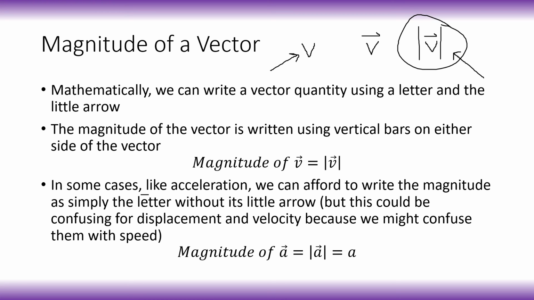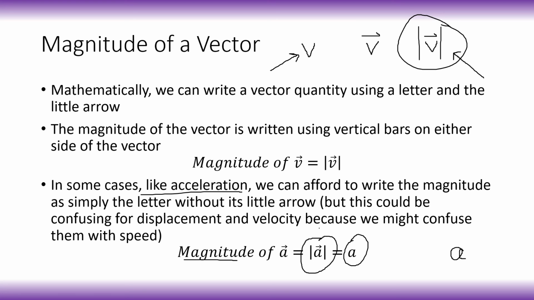But in some cases, like when we're talking about acceleration, if the only symbol that uses the letter A in the question is your acceleration, then while this is how you should write the magnitude of the acceleration, if there's nothing else going on, you could basically just write it like this, because since you're talking about the magnitude, that means you're not including a direction, which means it doesn't need the arrow anymore.